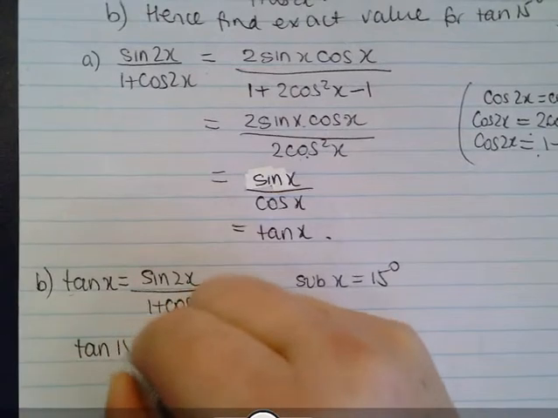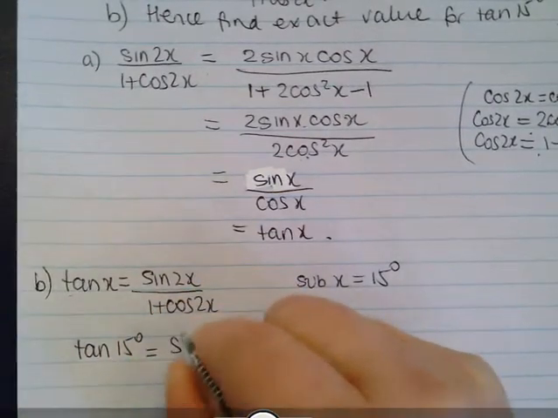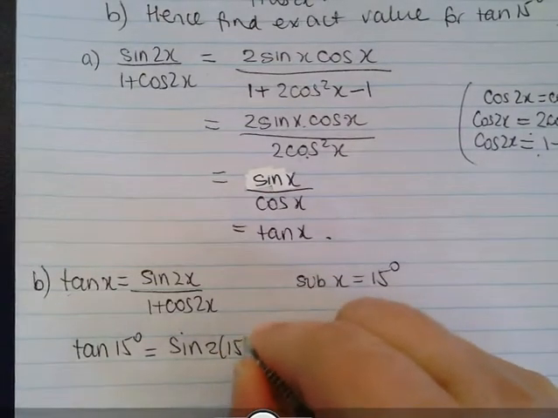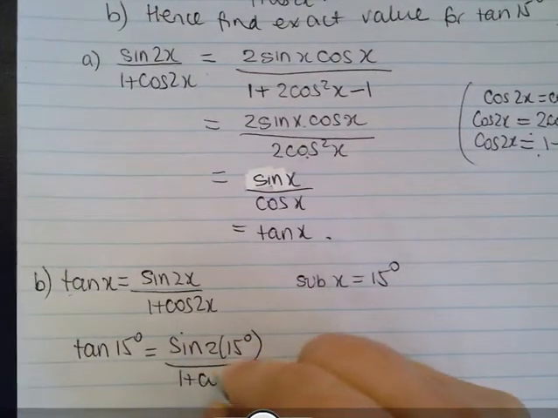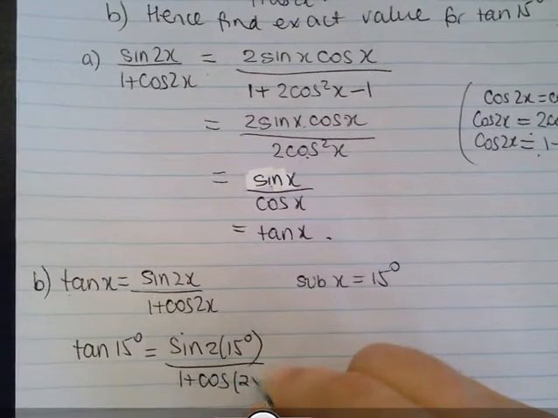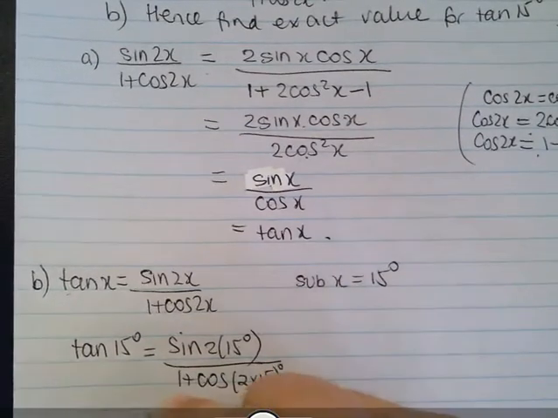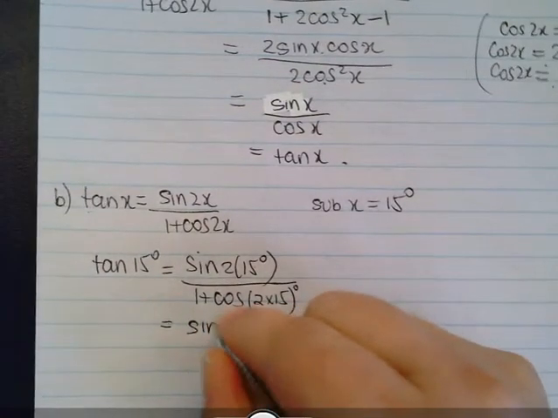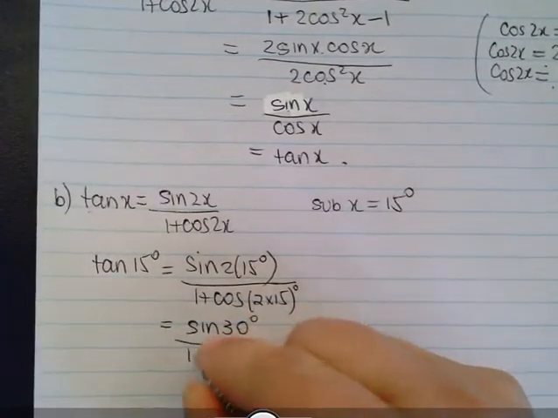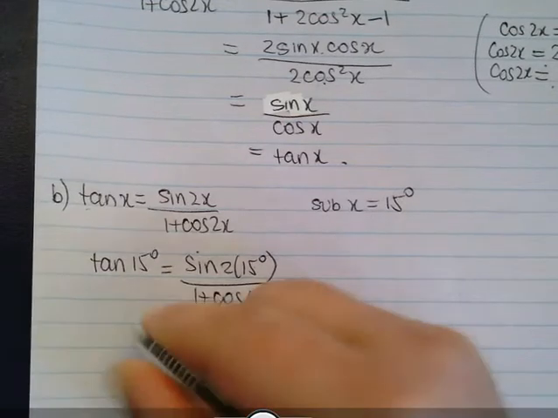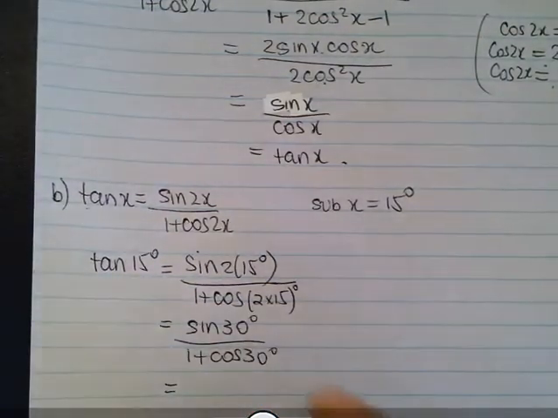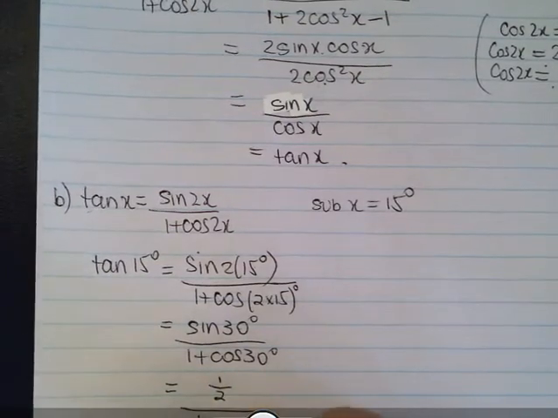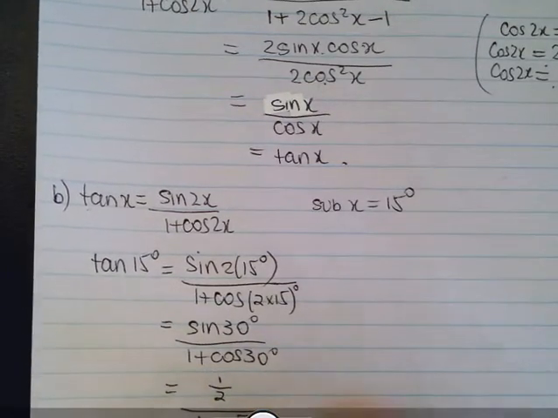Why does this work really well? Because tan of 15 equals sine of 2 times 15 over 1 plus cos of 2 times 15. Which is, see why it works well? So it's sine 30 over 1 plus cos 30. Are we good? Which is a half divided by 1 plus root 3 on 2.